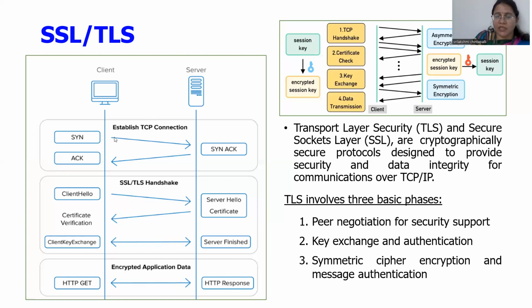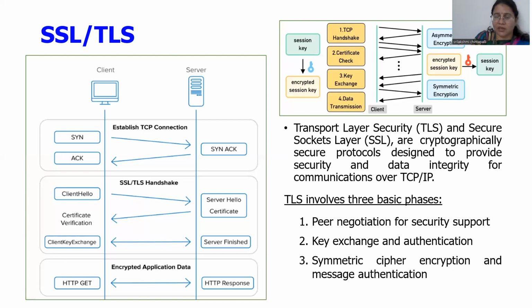So first, one TCP connection is established between the cloud provider and the cloud service requester. Once the TCP connection is established, next you will go for your secure socket layer and transport layer security handshake, which is nothing but exchange of certificates saying that the client is genuine to the provider and the provider is genuine to the client.